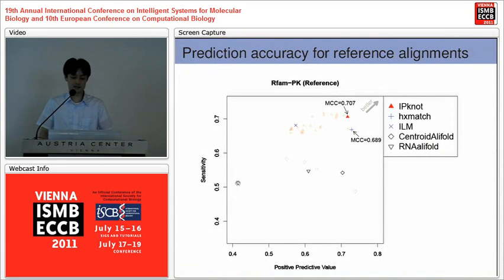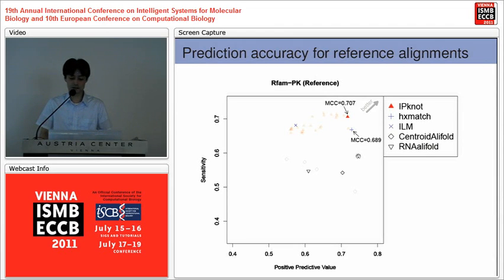Here is the prediction accuracy for the hand-curated reference alignments. These red points are the accuracy of IPknot, changing the weight parameter gamma, and these blue points are the accuracy of the existing methods for pseudoknotted structures, and the black points are those for pseudoknot-free structures.